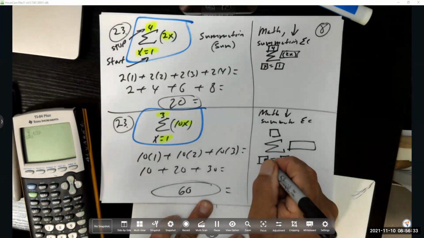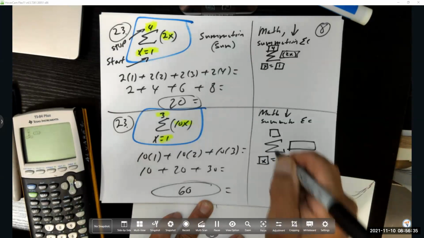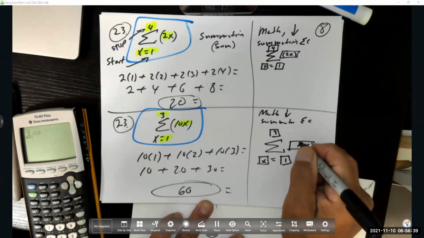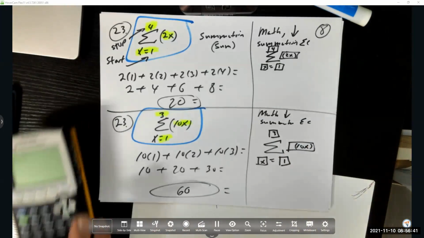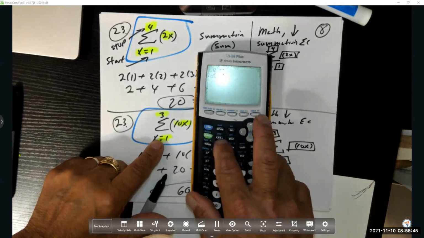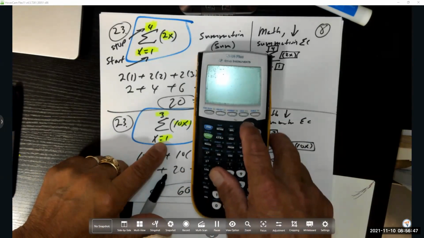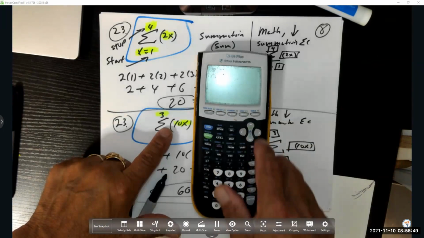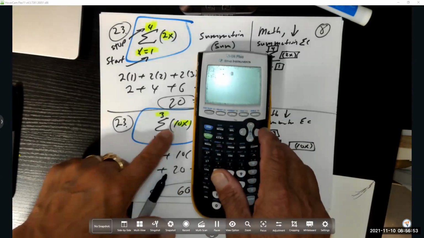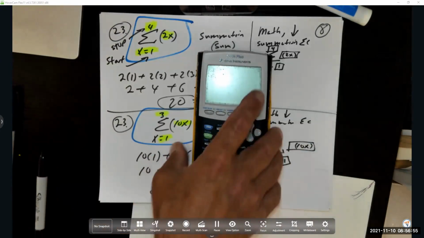If you have an 84, you're gonna put these numbers here. I'm gonna put X, 1, 3, and 10x. Get out. All right, so 1, 3, 10x.